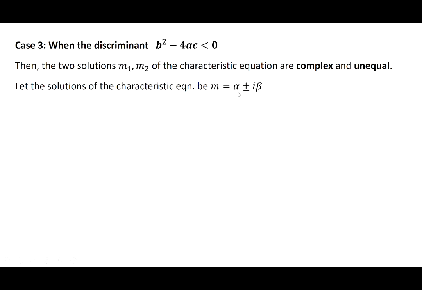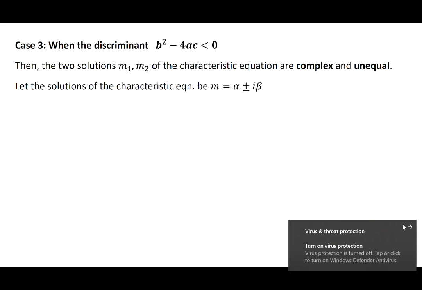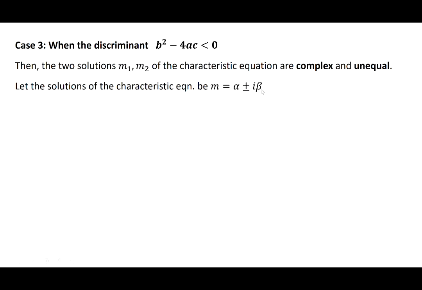Negative b over 2a is alpha, plus the square root of b squared minus 4ac, which would be i times something, divided by 2a, and that's your beta. So guaranteed that in that case, the two solutions are of the form alpha plus i beta and alpha minus i beta.